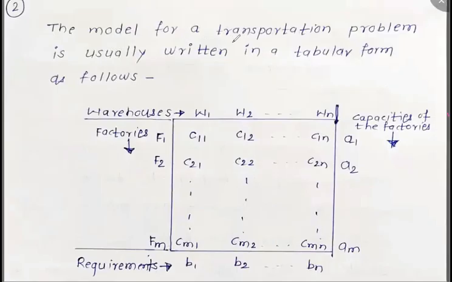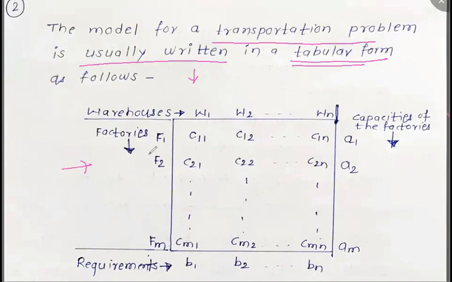Now the model for the transportation problem is usually written in the tabular form or in the matrix form as follows. So this is a table. On the left hand side, we write the symbols F1, F2, Fm for the m factories. So these are the m factories, and the quantity of goods produced at these m factories is written here, A1, A2 to Am.